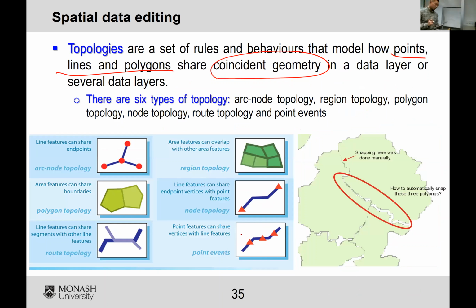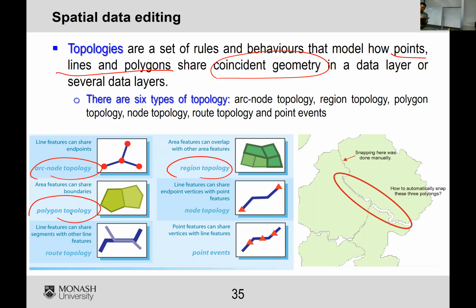So there are different topology types dealing with different feature classes, points, lines, or polygons. So there are 6 basic types. The arc node topology basically defines that the line features can share endpoints.